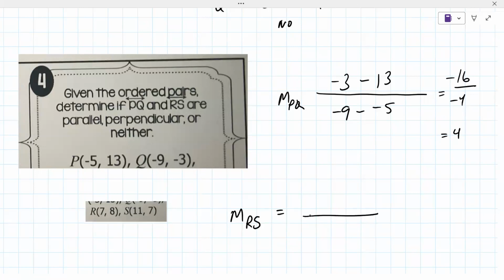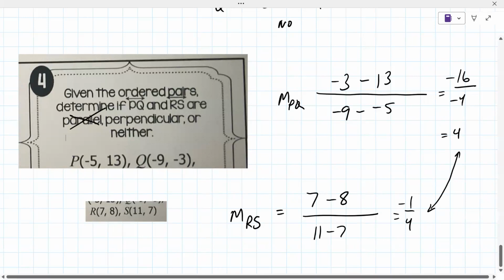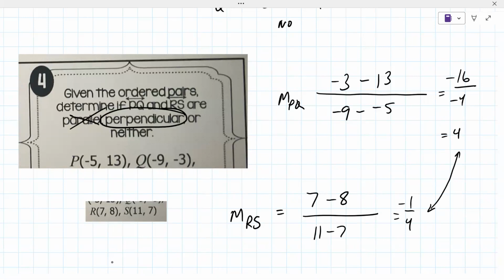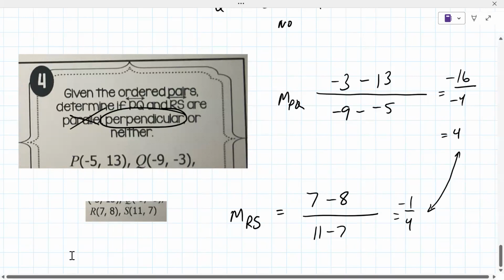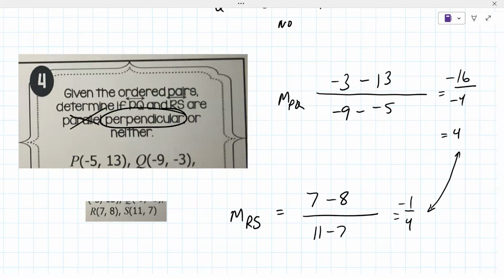Let me just say, so we got 7 minus 8 over 11 minus 7, so -1/4. How do these compare now? Are they the same? They are not. They are the opposite reciprocal. Yeah, good.